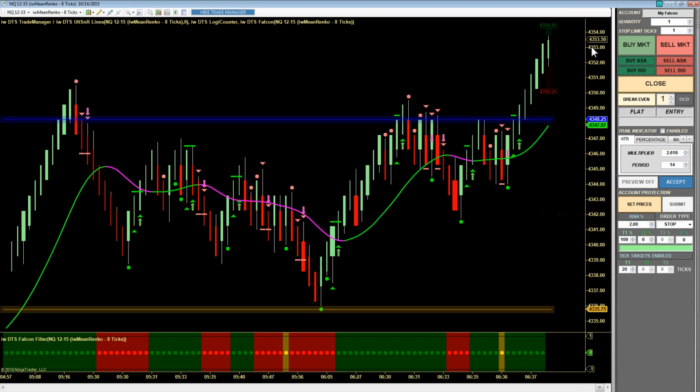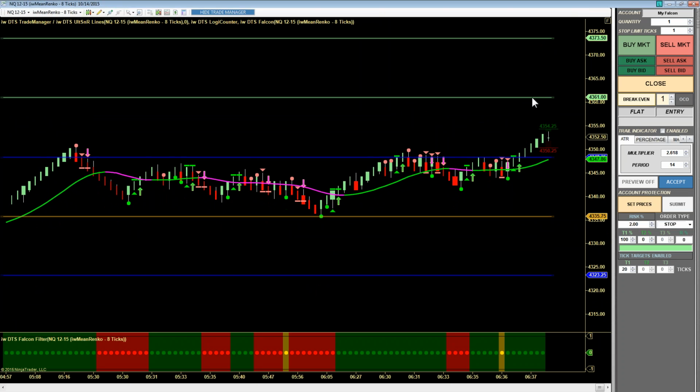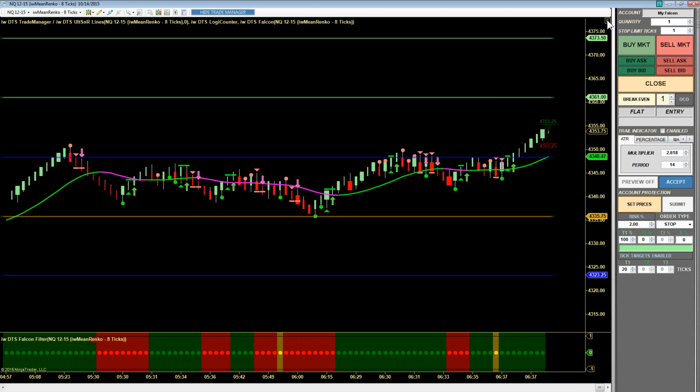You're going to notice on the Falcon as well that we have these lines on here. This is part of the Ultimate Support and Resistance Suite. This is, again, another add-on. It's not unique to the DTS system. You can use it on any chart that you want, time chart, tick chart, volume chart, whatever. And it forecasts the support and resistance areas for the current day, for the current trading session.